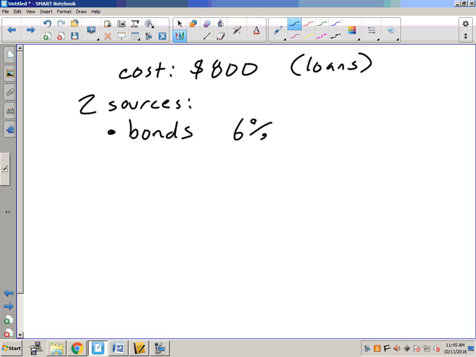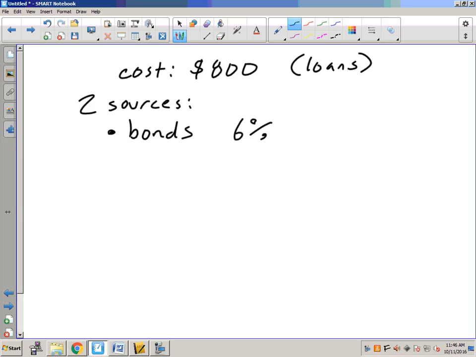Now, what is the $480 million? Is the big question. Is that how much we're going to borrow from these people? Does it say that we are going to borrow $480 million from these people? No, we're going to raise the money, so that's the borrowing portion of it. The bonds are going to bring in $480 million.